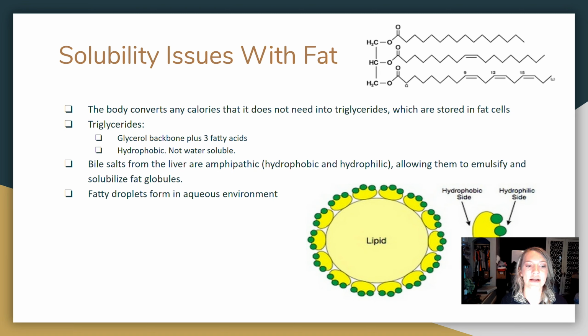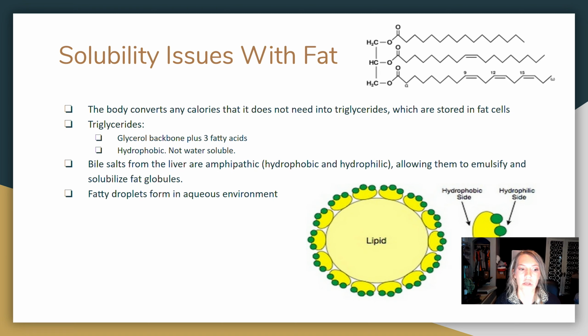These triglycerides are hydrophobic, meaning they are water fearing, and they're not water soluble, meaning the body cannot break them down any farther because the body is mostly made up of water, as we all know.